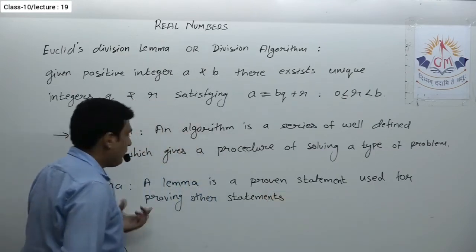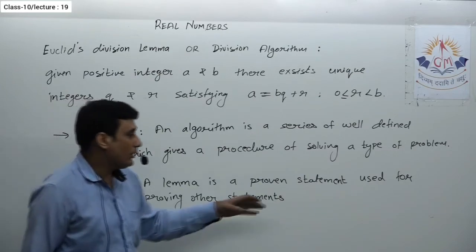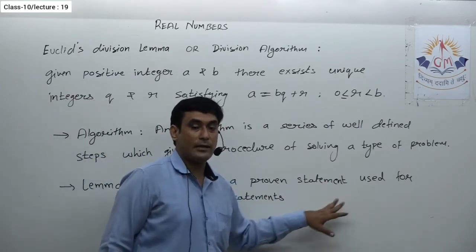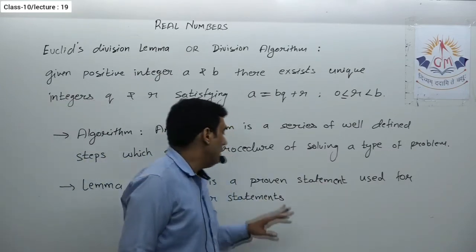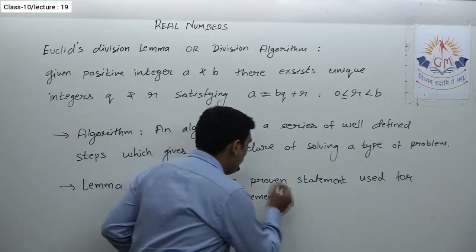So a lemma is almost near to an axiom, which does not require proof, or we can say they are considered a universal truth, but we can use them to prove other statements.